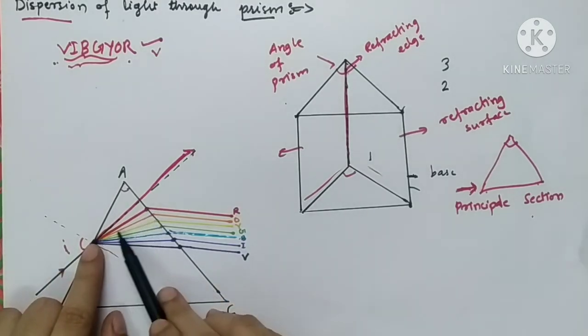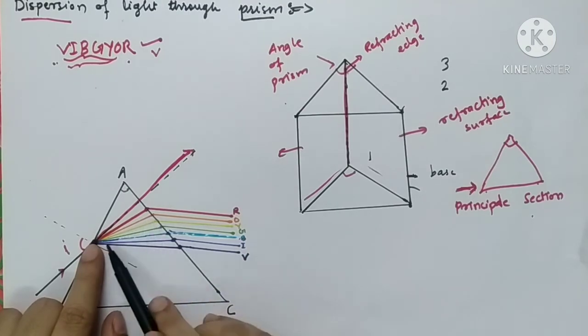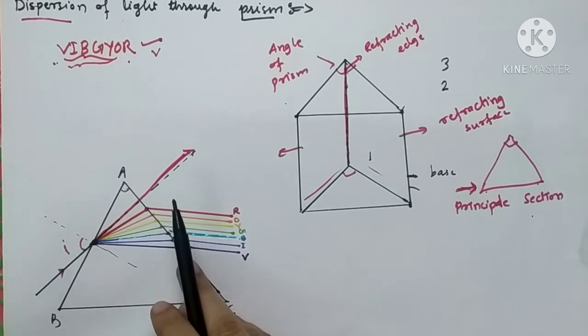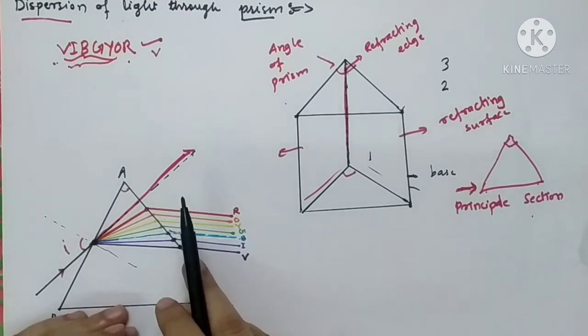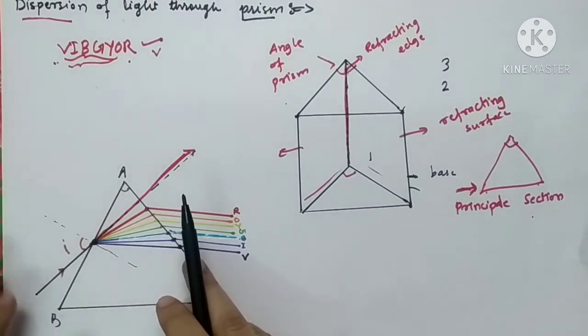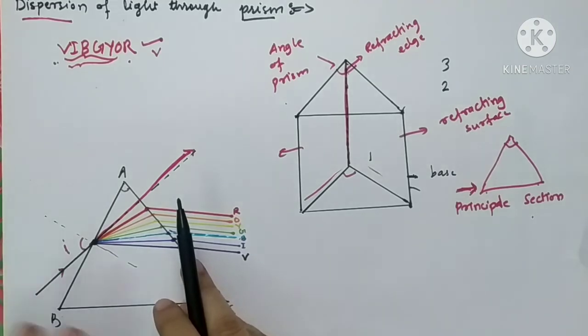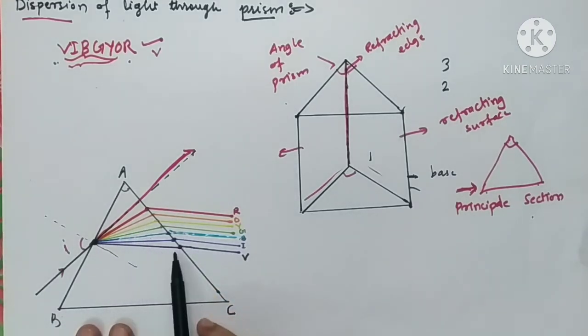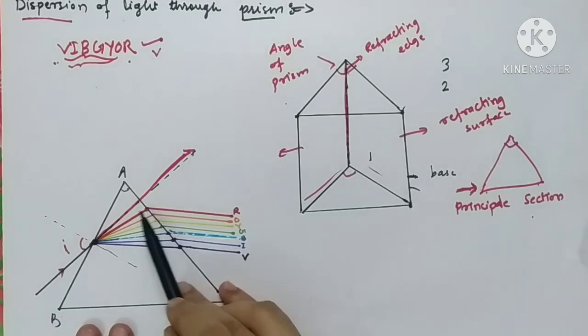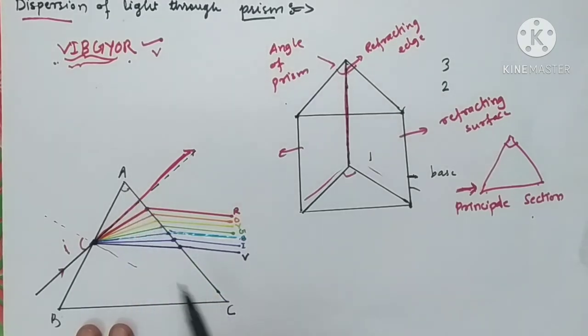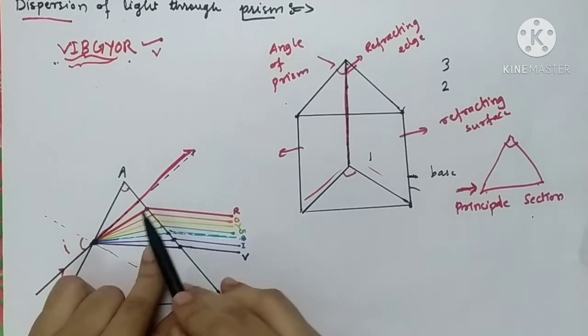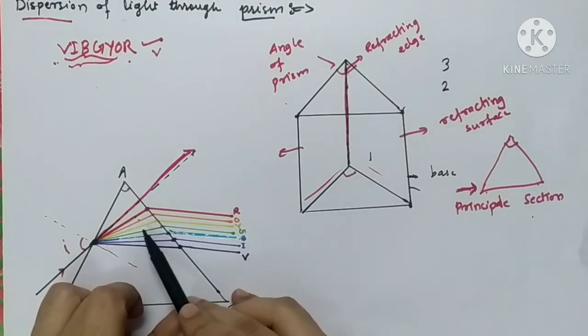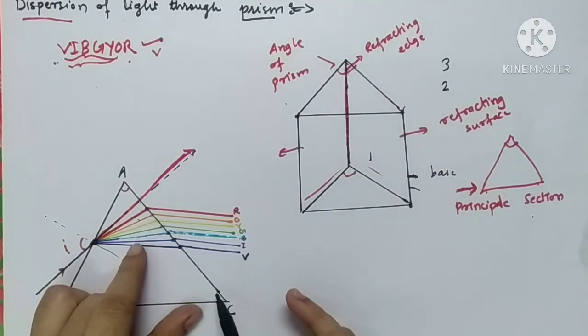Then after that we are going to get yellow color. All the colors will be deviated, or they will travel a different path inside a denser medium, because they are all moving with different velocities. At this particular surface AC of the prism, from the inside you will see that all the rays are incident on the surface AC.